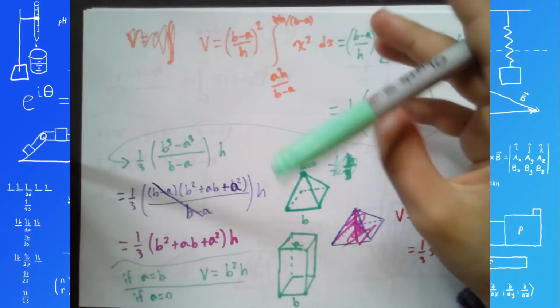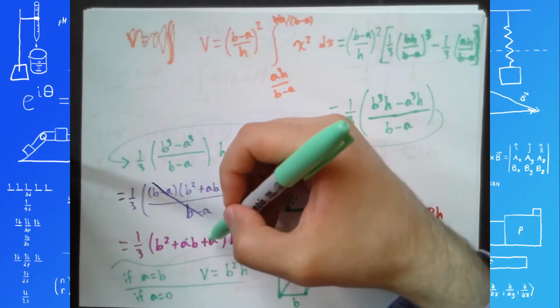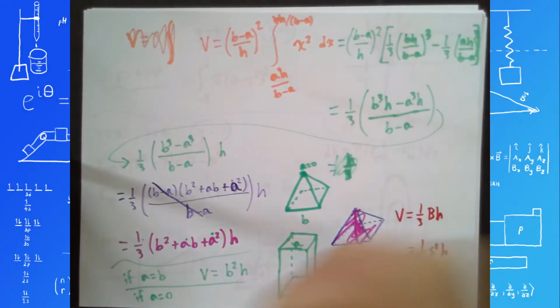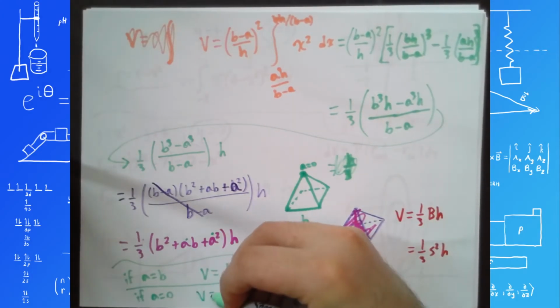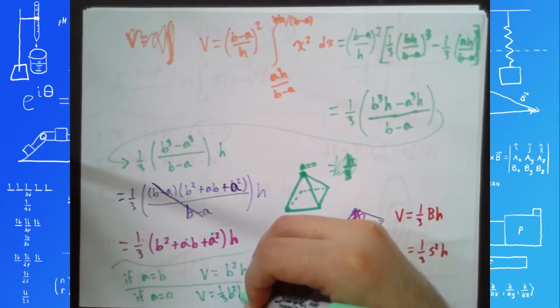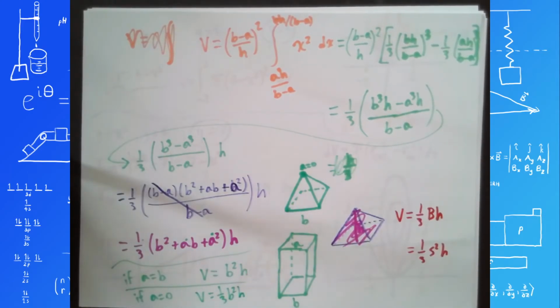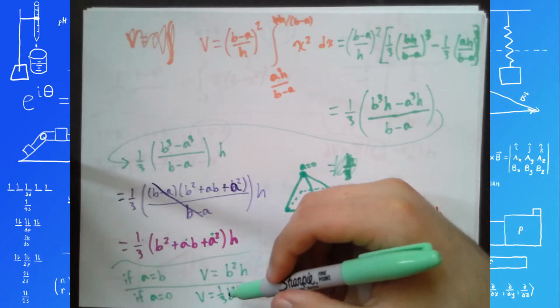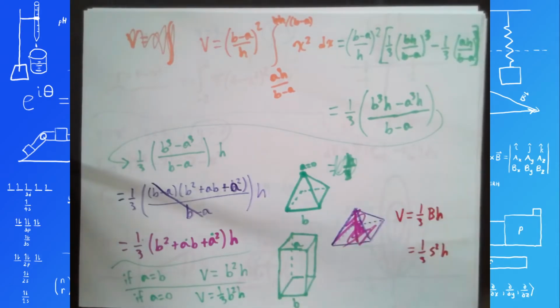If a is equal to 0, then let's see. That would be 0, that would be 0, and it would be 1/3 b squared times h. Volume would be 1/3 b squared times h. And yeah, b squared being the area of the square base, that would be the volume of a classic pyramid.